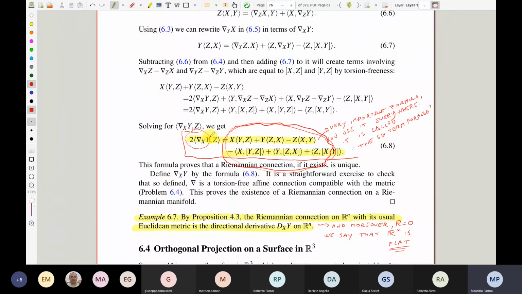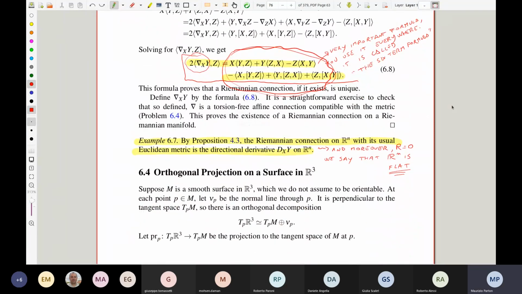And this is so important that this formula has a name, related to the length of the formula. This is called the six-term formula. Okay, so I'm telling you because you can find in a book, in a proof, just use the six-term formula and show the result. It means this. Okay, now the theorem.